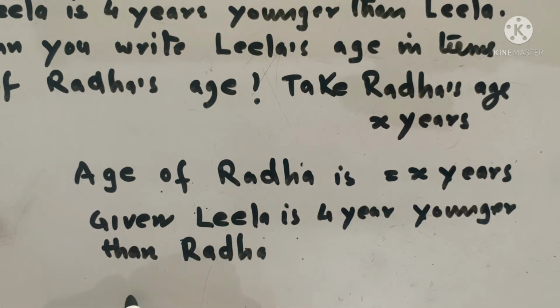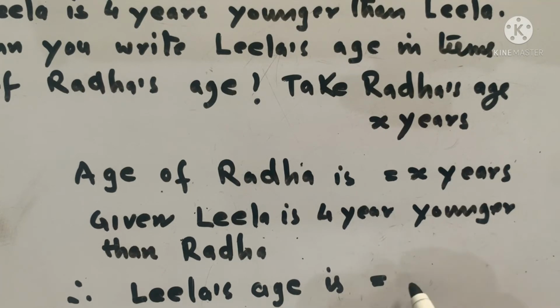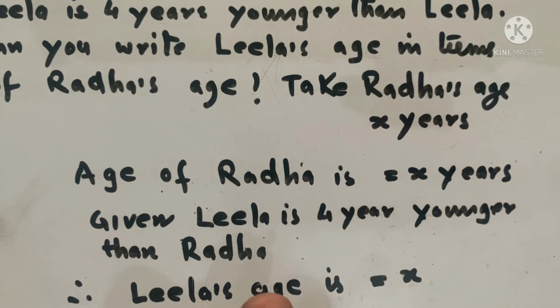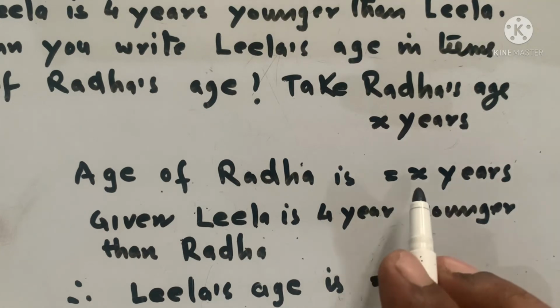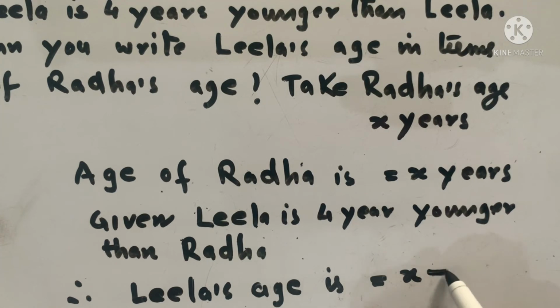Therefore, when Radha is x years, Leela is 4 years younger, so Leela's age is x minus 4 years, that is, 4 years less than Radha's age.